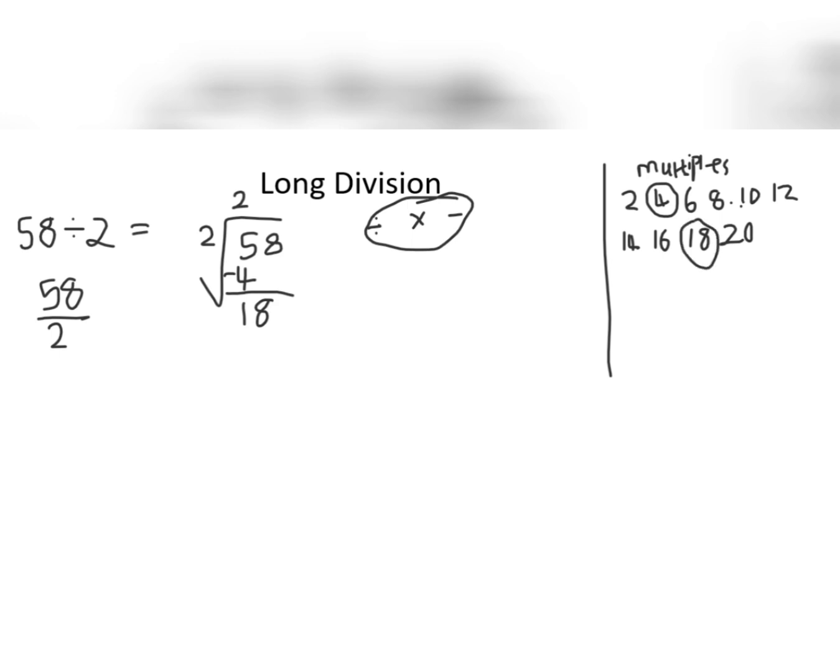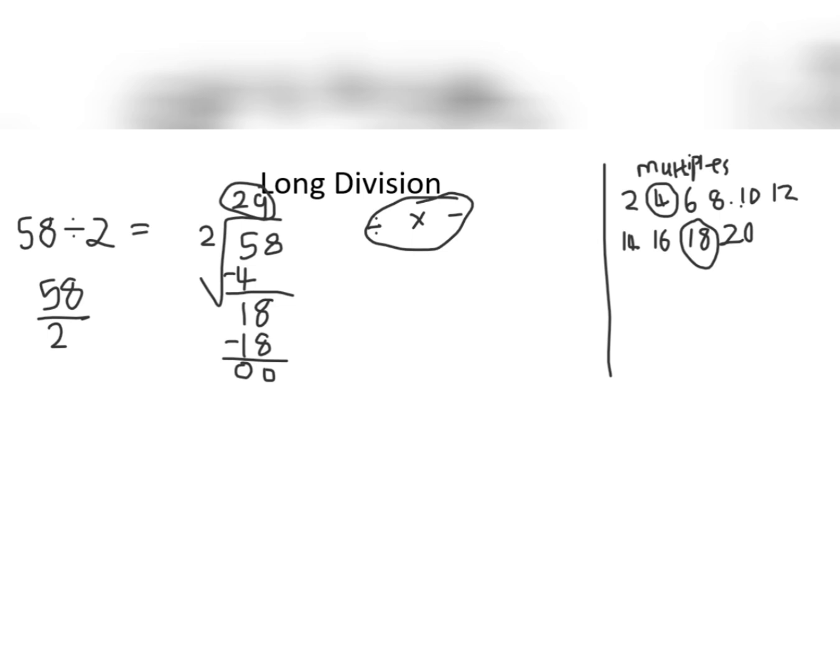So now I have 18. 1, 2, 3, 4, 5, 6, 7, 8, 9. 9 times. So that means 2 into 18 is 9. Then 2 times 9 is 18. If I subtract, I have 0 here and I have 0 here. Good. Now I am done. The answer to my question is 29.